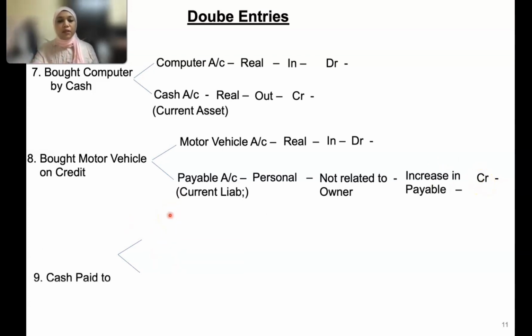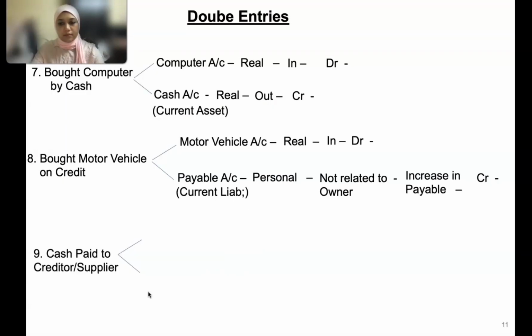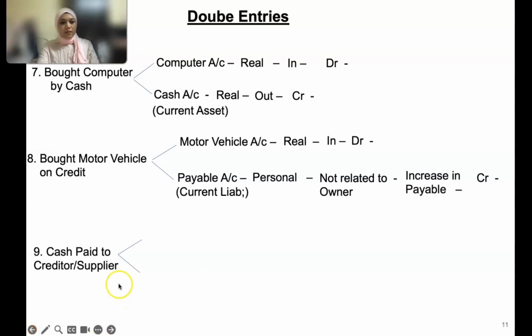The other example is cash paid to creditor. We paid cash to our creditor. Creditor is also our supplier. Okay.